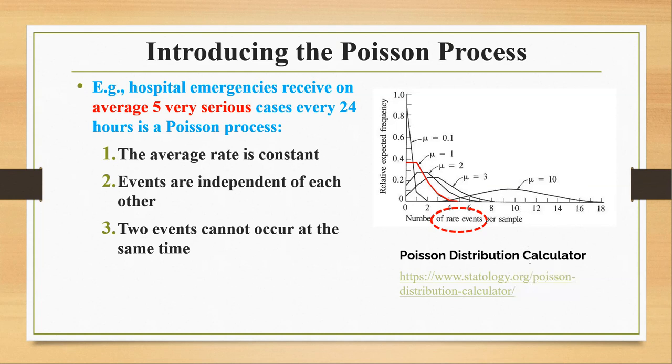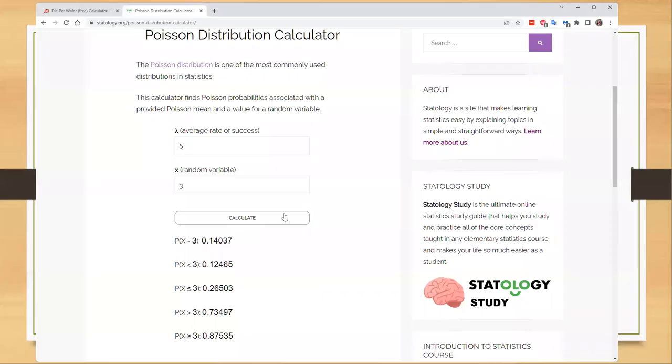And then I'm going to give you a very simple Poisson distribution calculator for you to practice. If you go to this website as listed here, you put a number here. The average number of successes is 5, and the random number is 2, then you calculate.